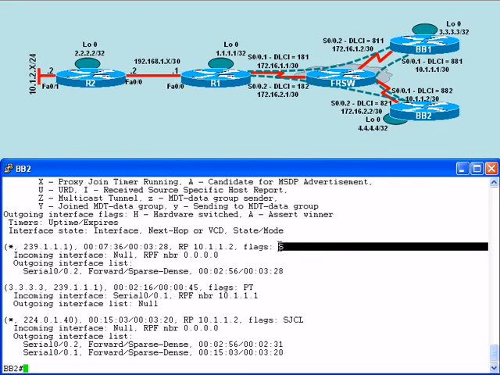We also see that both the star, G and the S, G entries indicate that we have a rendezvous point IP address of 10.1.1.2. And again, the reason that traffic is not flowing through this RP is because SPT switchover has already occurred.